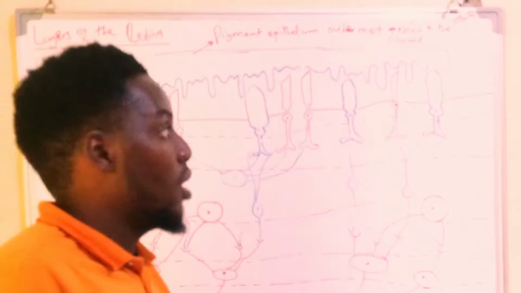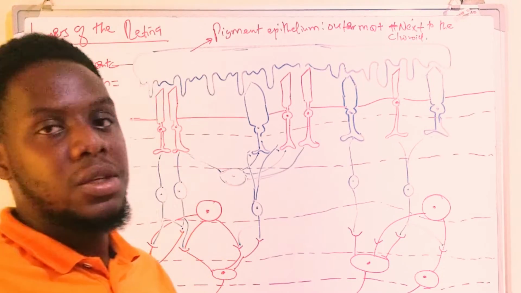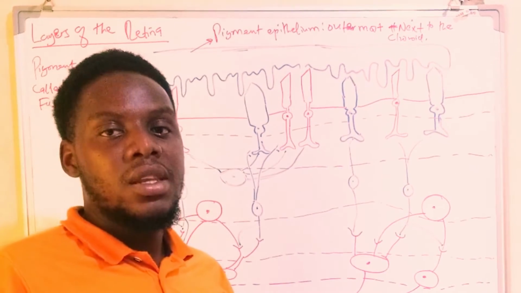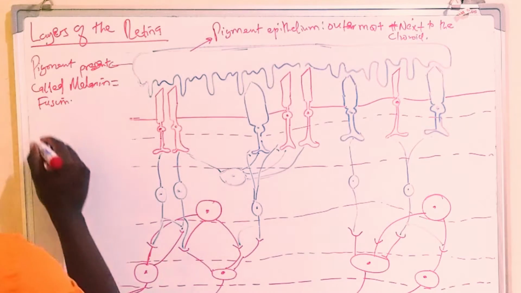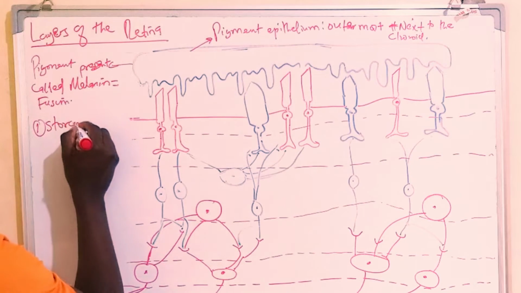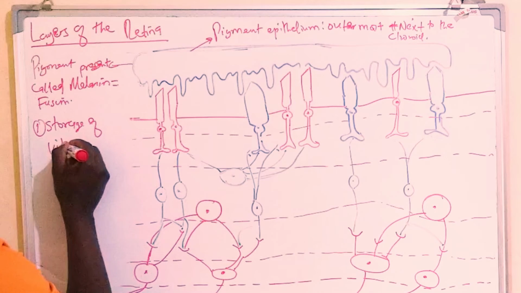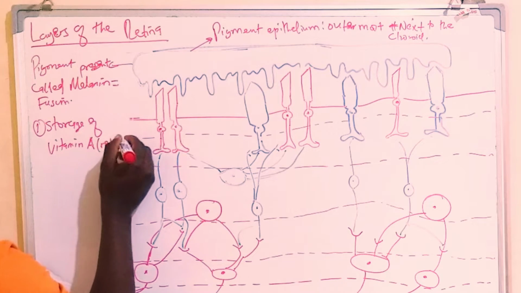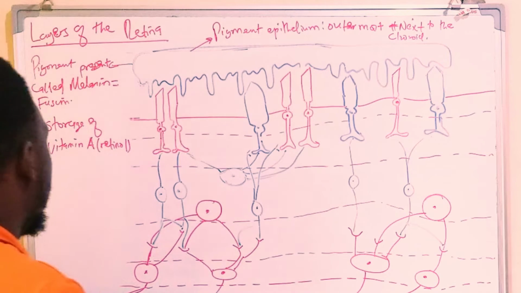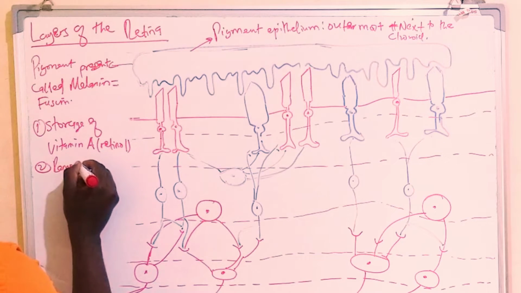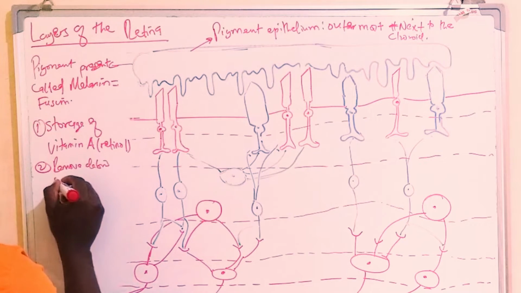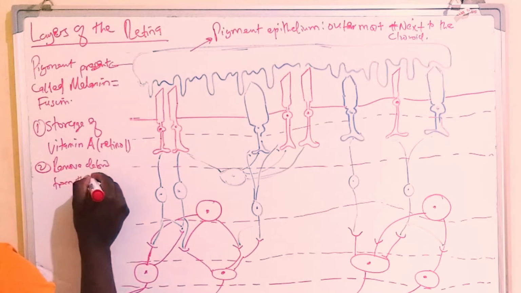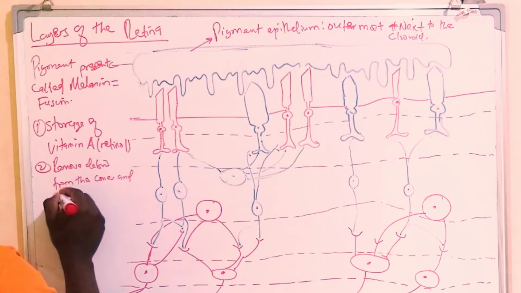This layer has several functions. The first one: the epithelial cells that are present in here store vitamin A in the form of retinol. Then two, they remove debris from the cones and rods.